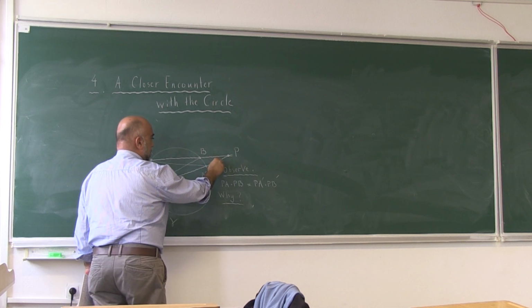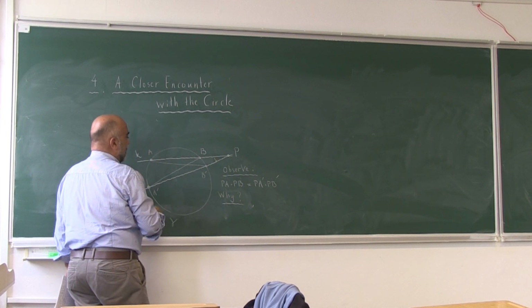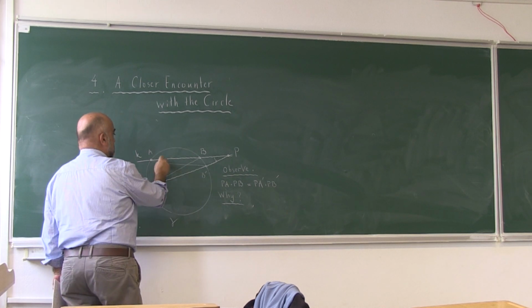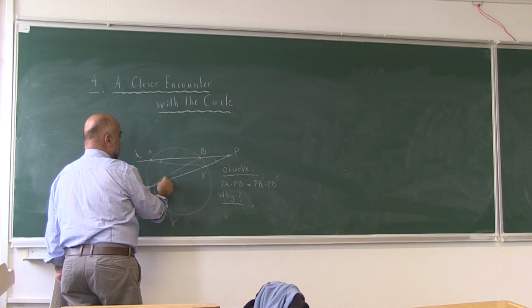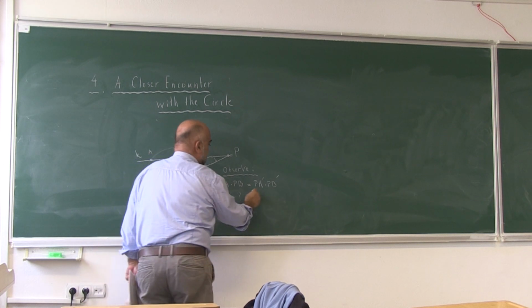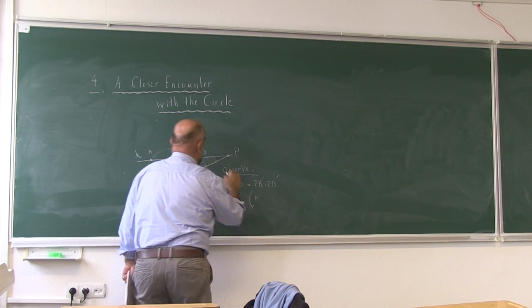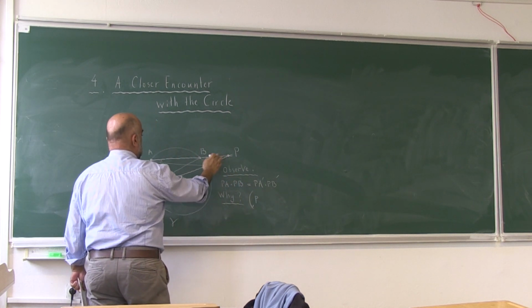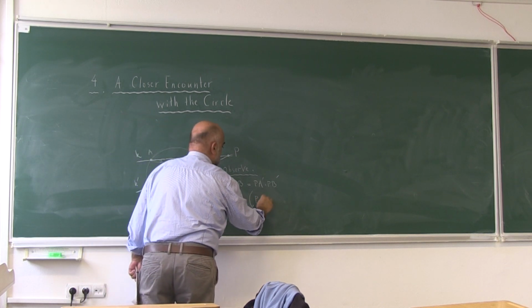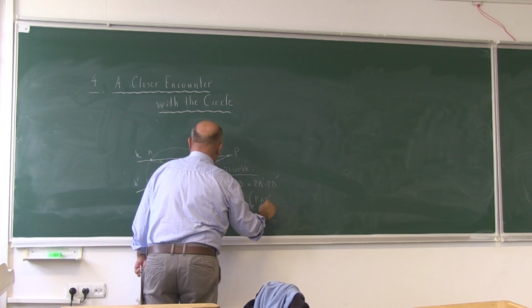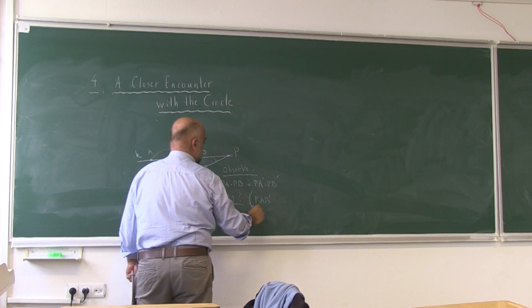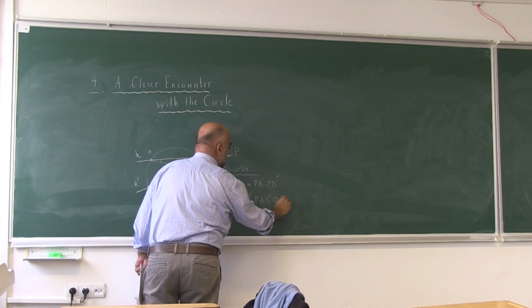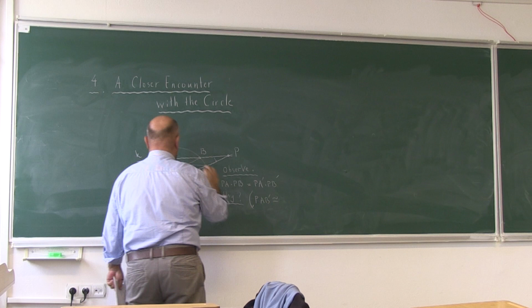Well, they have a common angle, and besides, these two angles are equal. So you've got simply the fact that the triangle PAB prime is similar to the triangle PA prime B.